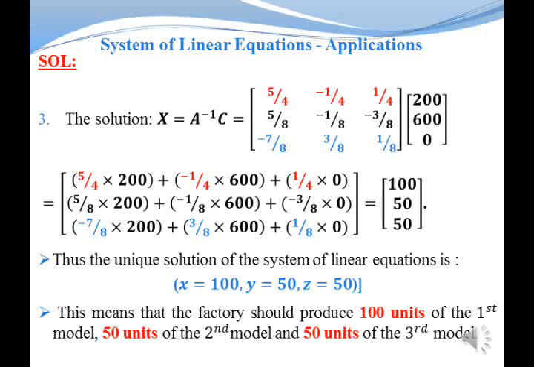This will give us 100, 50, and 50. Which means that the solution for this system of linear equations is x = 100, y = 50, and z = 50. This means that the factory should produce 100 units of the first model, 50 units of the second model, and 50 units of the third model.